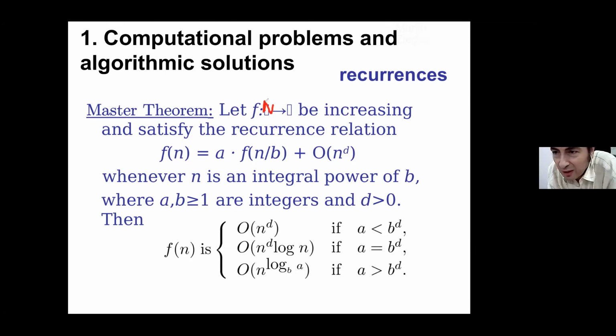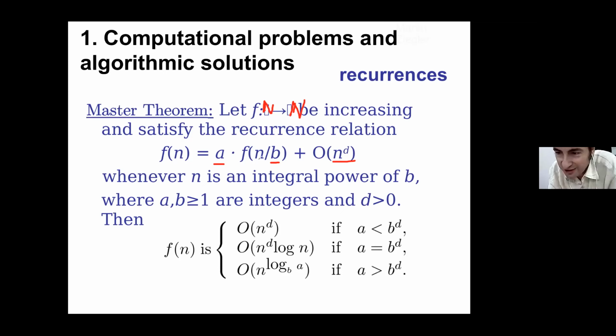Basically, this recursion depends on these three parameters. Depending on the values of these three parameters, you get a complexity estimate, or growth estimate, for this function f, and we use this as a complexity estimate for some type of algorithm.